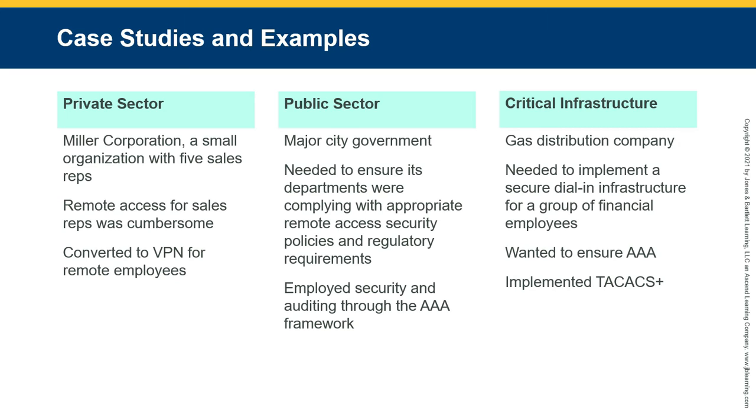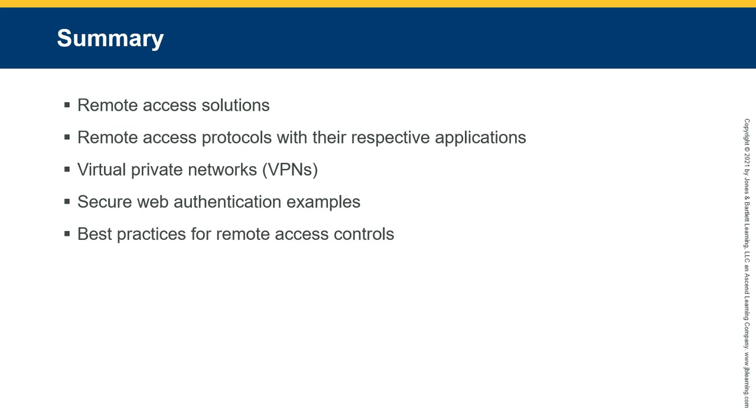Critical infrastructure: a gas distribution company needed to implement a secure dial-in infrastructure for a group of financial employees and wanted to ensure AAA, so it implemented TACACS. Summary: remote access solutions, remote access protocols and their respective applications, virtual private networks, secure web authentication, and best practices.